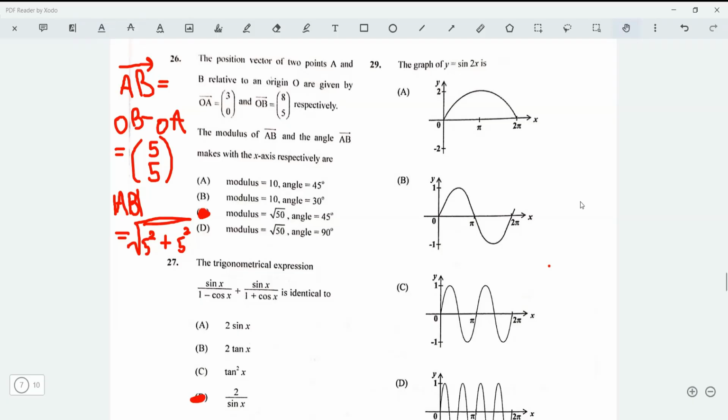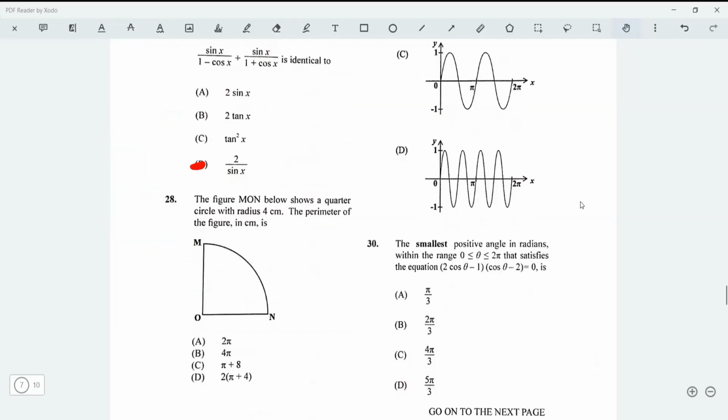All right, so continuing, it says the figure MON below shows a quarter circle with radius 4. What's the perimeter of the figure? They give us the radius is 4, and they give us this radius. We just need to find this length now, which is on the circumference of the circle.